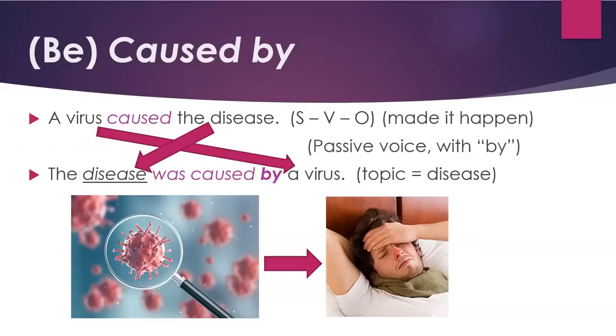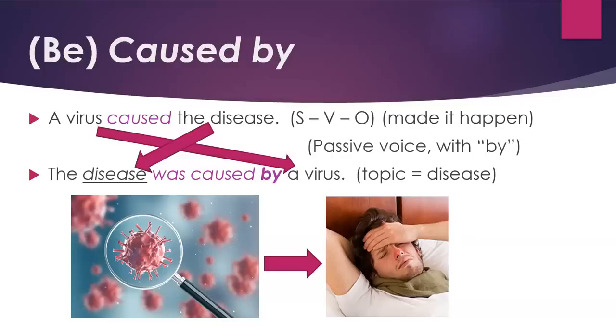Now with be caused by, it's a little different. For example, a virus caused the disease. We're following the subject-verb-object pattern, meaning the virus made the disease happen. But if we change that to the passive voice, we use the word by. The disease was caused by a virus.